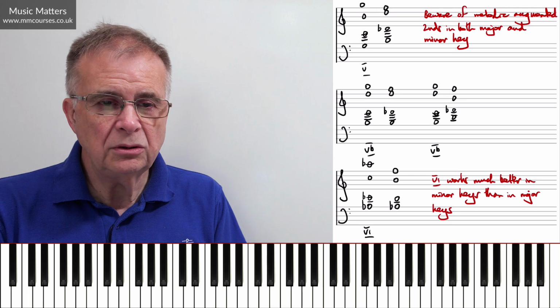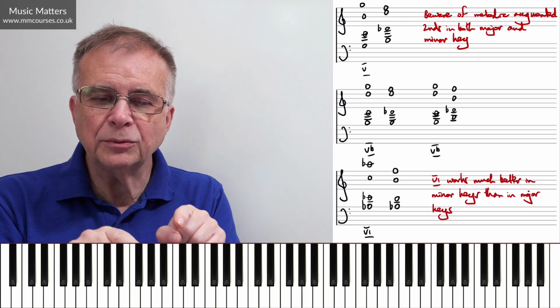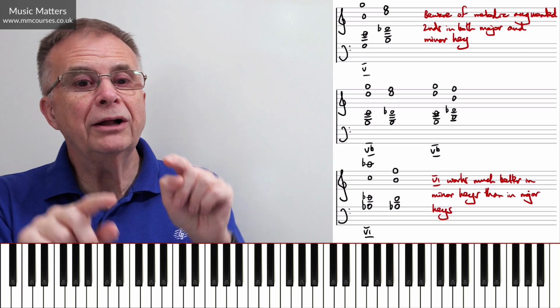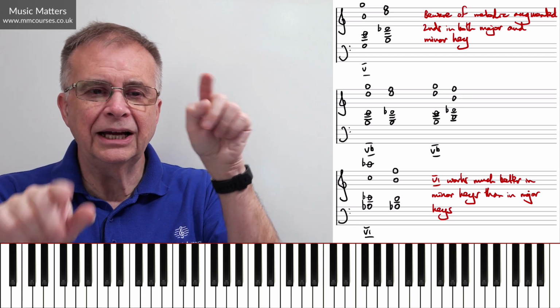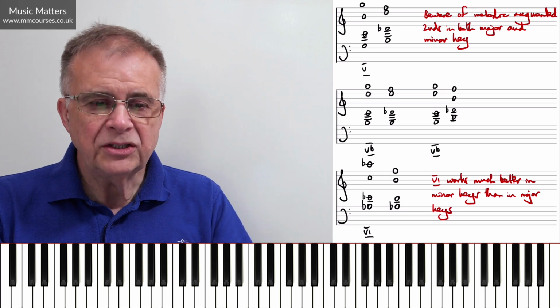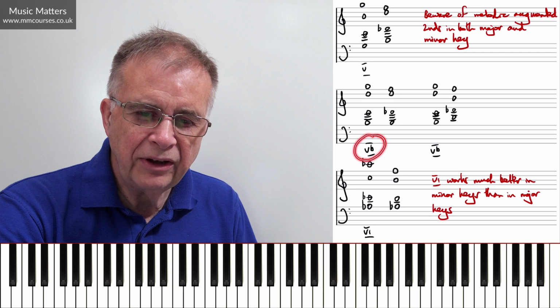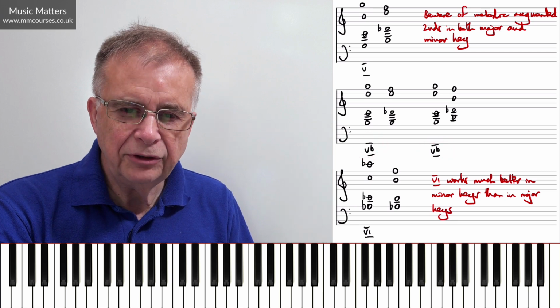And again, you could use other inversions of that, but that's where you've got to be a bit careful, because when you do use other inversions, you might well find yourself going B, A flat in the alto or the tenor. So 5 is definitely a possibility, but also, of course, 5 in first inversion.